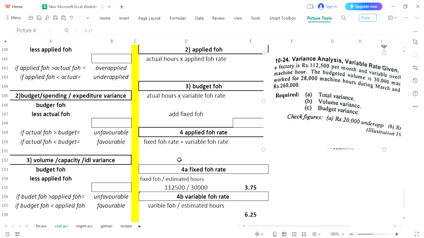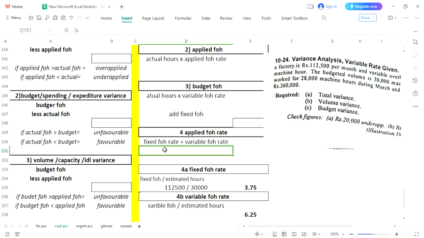Actually, the next step is the back step. So here we can calculate the applied FH rate by adding two rates. Fixed FH rate, which was 3.75. So the first rate was 3.75, and then you need to add what? Variable FH rate. Variable FH rate we have mentioned over here, 6.25. So write down 6.25 over here.